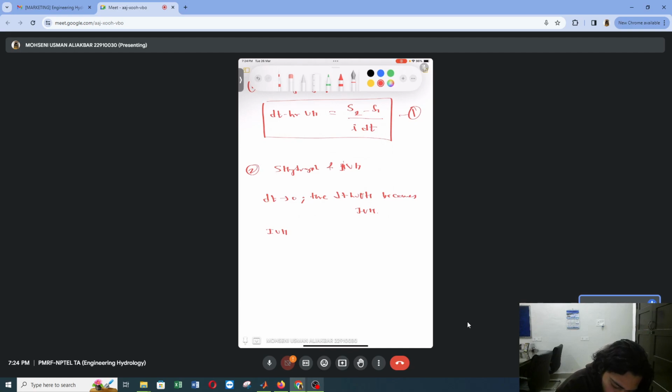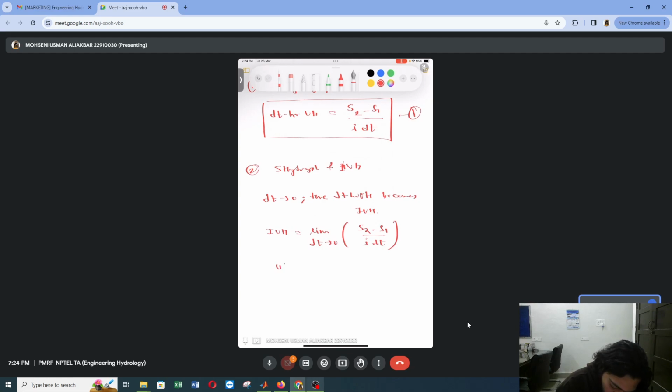We are just modifying equation 2, and since it is tending to 0, we are using the limit dt tends to 0 of S2 minus S1 over I dt. So we have just modified equation 1 by tending dt towards 0 and applying the limit. The left hand side term, that is the dtr unit hydrograph, becomes the instantaneous unit hydrograph, right?